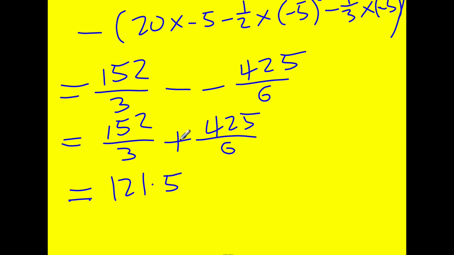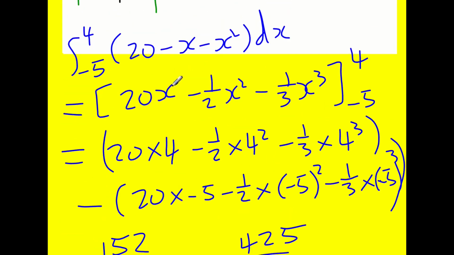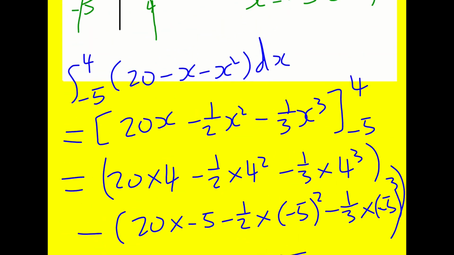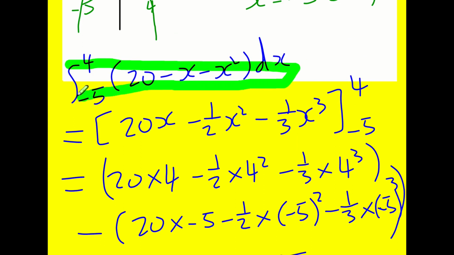Okay, if you're using the ClassWiz calculator, there is a way of getting to this step here and just putting it in your calculator, and it will let you know what the answer is. It will do all these steps for you. I've got a few comments on that.